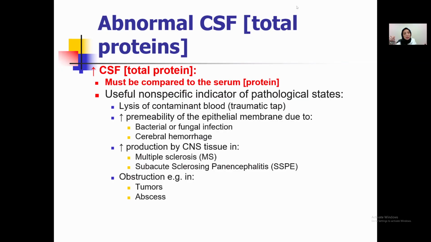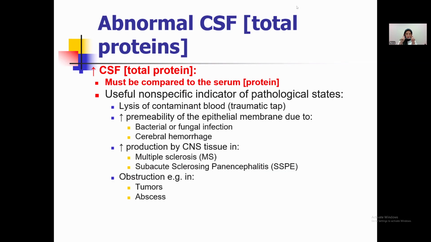For example, an increase in the permeability of the epithelial membrane due to bacterial or fungal infection or cerebral hemorrhage. In cerebral hemorrhage or bacterial or fungal infection, the epithelial membrane will increase in permeability and allow more of the protein to go out.